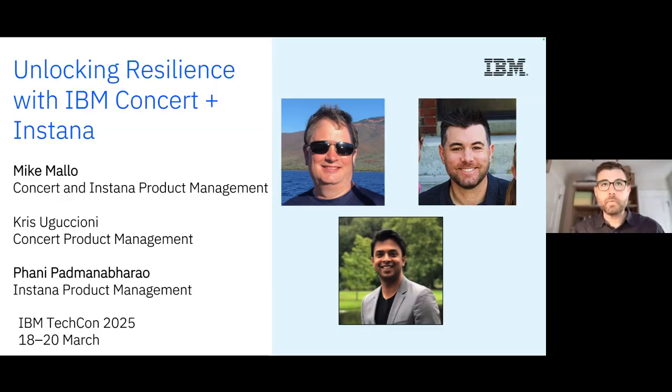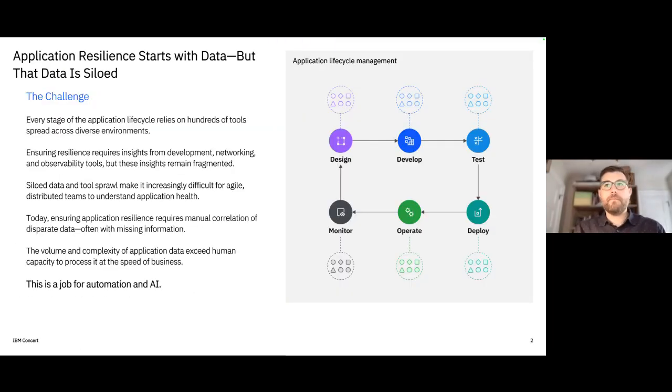So to start things off, we're going to talk about the challenge here that IBM Concert is looking to solve. Modern organizations operate in both hybrid and multi-cloud environments. Application life cycles are dependent on hundreds, thousands of tools. And these tools, rather than streamlining processes, often introduce a lot more complexity.